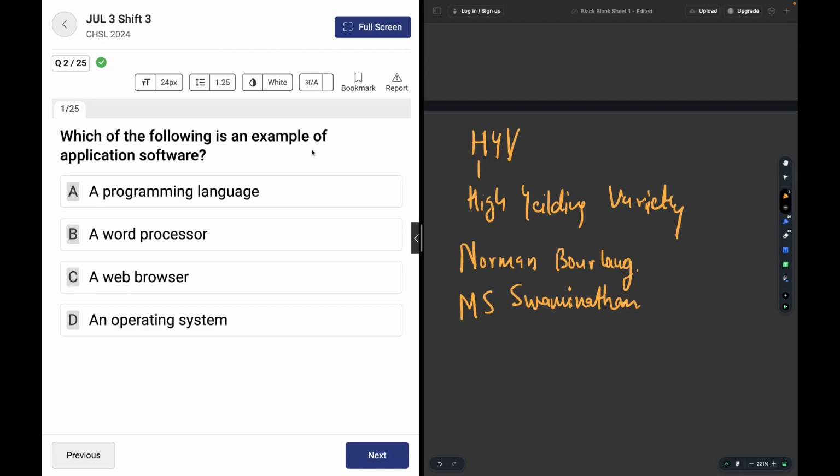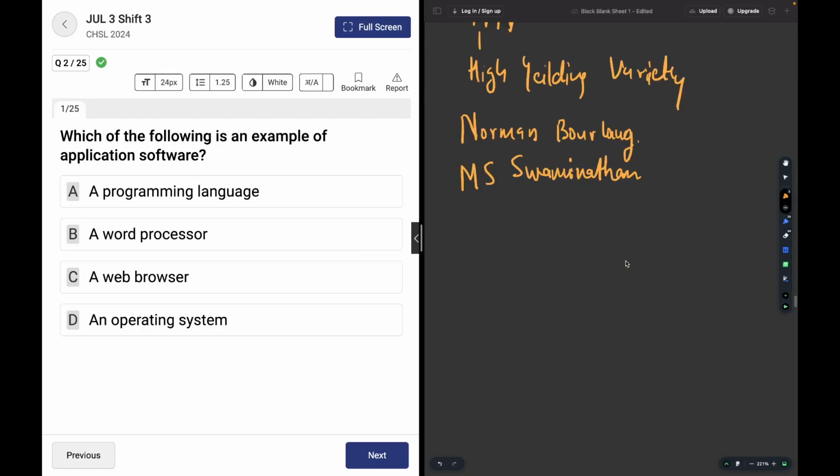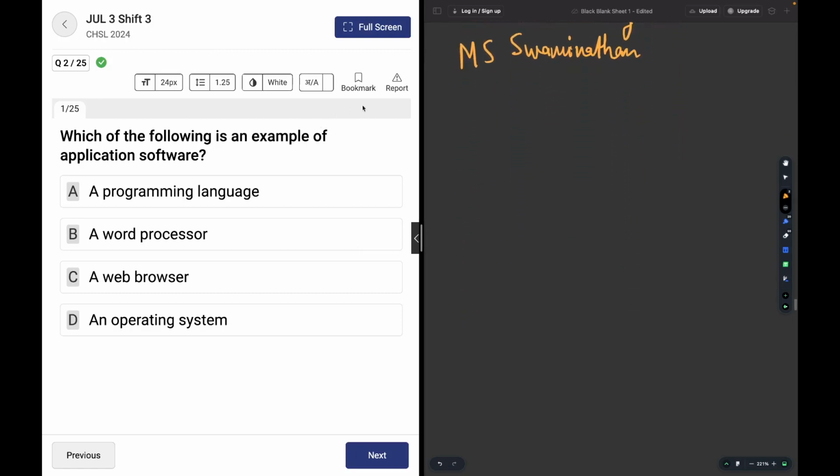Which of the following is an example of application software? An application software helps the user connect with the machine. Basically, application means it helps the user in completing a task. A person must know the programming language to take help from the computer.